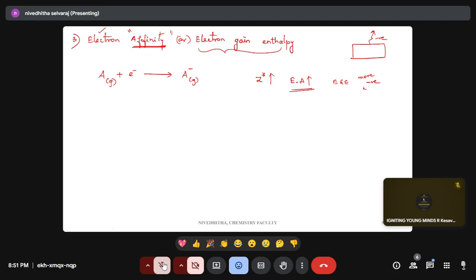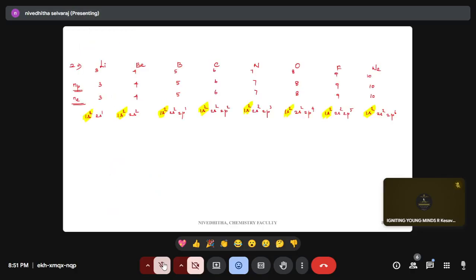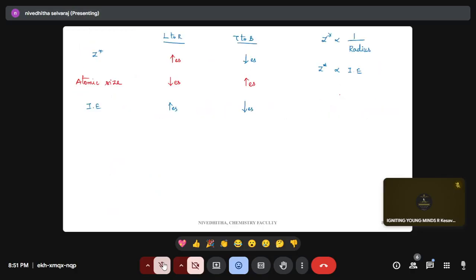Now we'll talk about the trend. As I've told you, effective nuclear charge is directly proportional to electron affinity. Now could you please tell me the order or the trend? As we move from left to right in a periodic table, what will happen to the electron affinity?